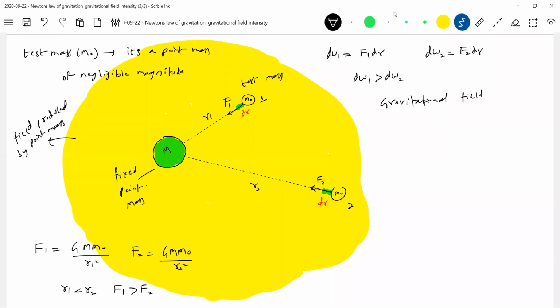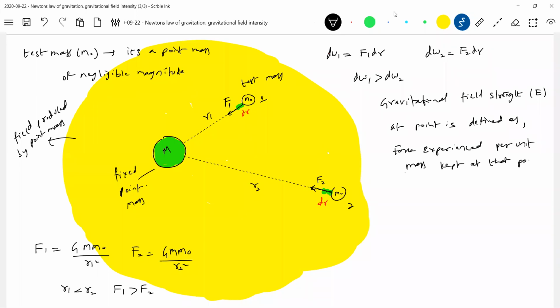Gravitational field strength, we denote with the symbol E, at a point is defined as the force experienced per unit mass kept at that point.